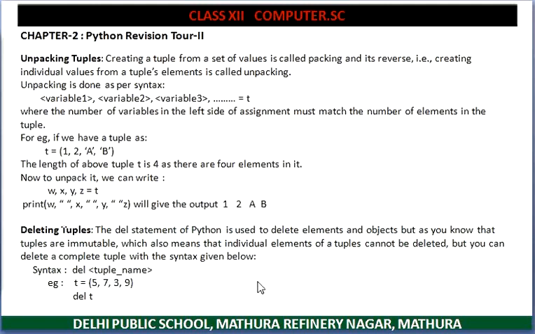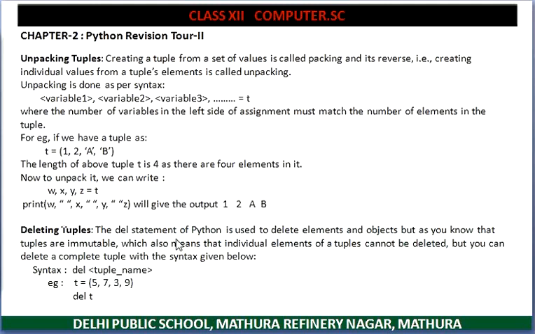So this is the process of unpacking the tuple. Now deleting a tuple. All of you know an individual element of a tuple cannot be deleted. With the help of the del statement you can delete the whole tuple. Deleting an individual element is not possible.